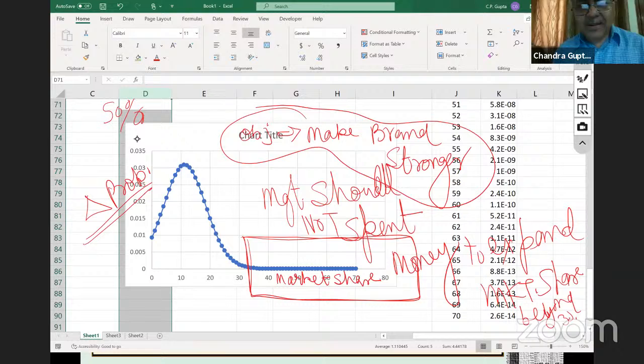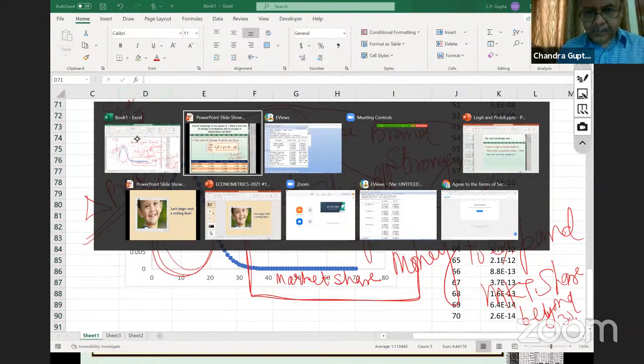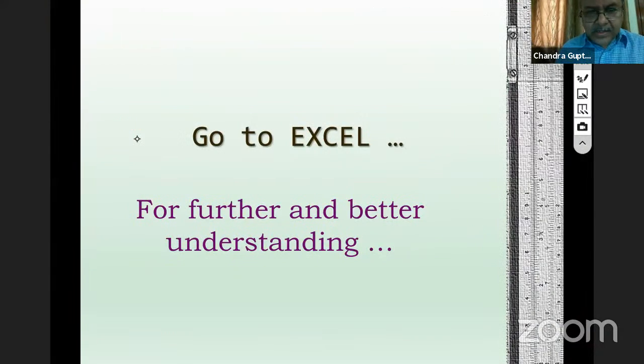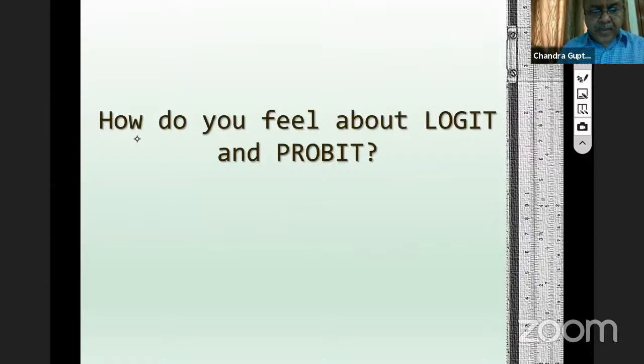Don't do that. You should concentrate when you have lower level of market share. That makes your probability of making your brand stronger. That's how you can understand this particular graph. Okay, that's what we have done now.